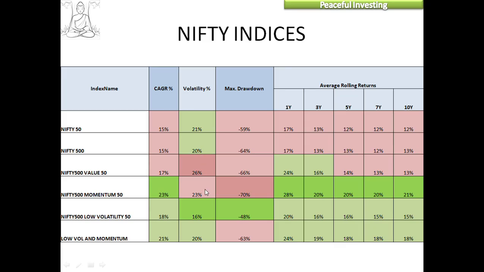So as compared to Nifty 500 Value 50, momentum offers far better returns at a lower volatility. But if we look here, the maximum drawdown is even more than Nifty 500 Value 50. It is 70%. So there was a period when 100 rupees got down to just 30 rupees.